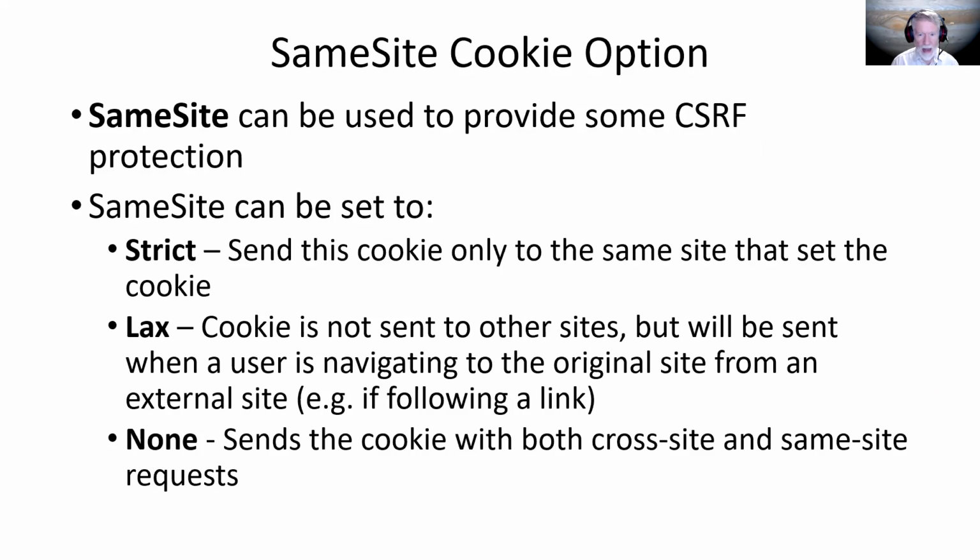Now, lax is similar, but if you have a link coming in from some others that goes to this site, it will use the cookie. An example that they had, something I read: imagine you're on GitHub looking at one project, and you get an email from your company, a legitimate email that has a link to a legitimate GitHub project on GitHub, of course.